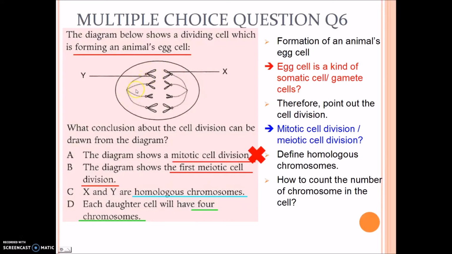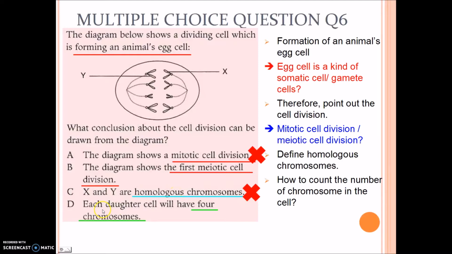Before they are separated, they join together by the centromere. So actually they are sister chromatids in one chromosome. So X and Y are not homologous chromosomes.